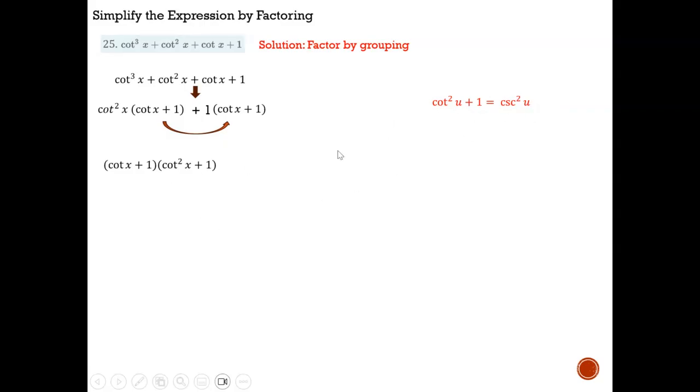So I'm going to replace the cotangent squared x plus 1 with cosecant squared x. Now this is my result: cosecant squared x times cotangent squared x plus 1. And again, I forgot to go all the way through, guys, but you always go all the way through, like I did here.